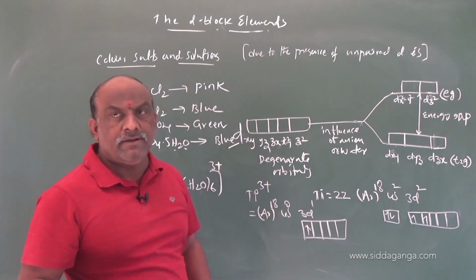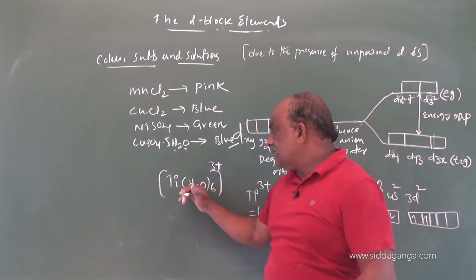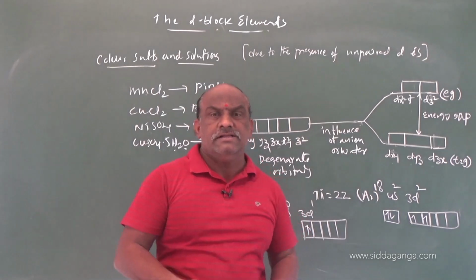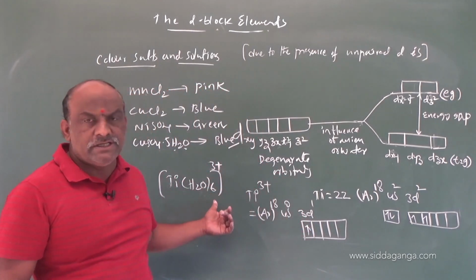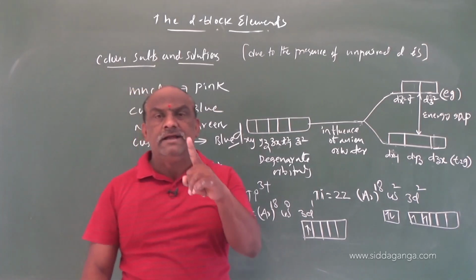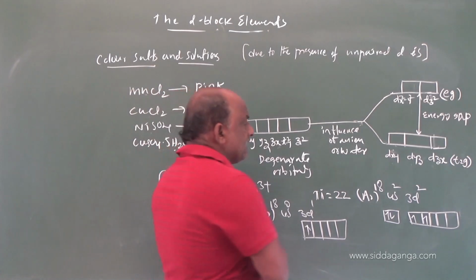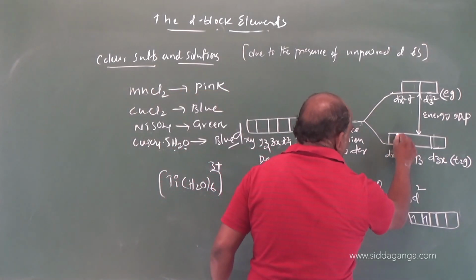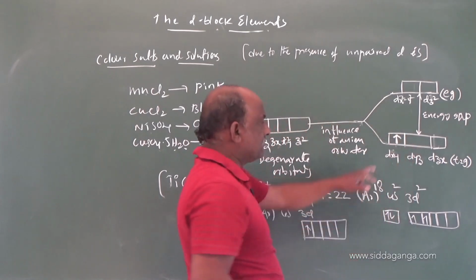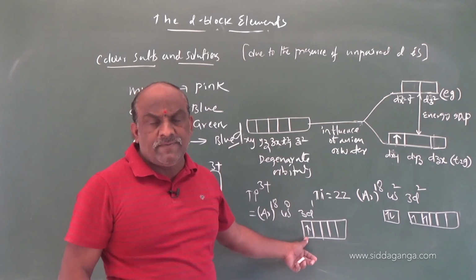So, my dear students, make a note of this. In hexaaqua titanium(III), the metal is influenced by water, and this metal contains only one d electron. That d electron is present in dxy.